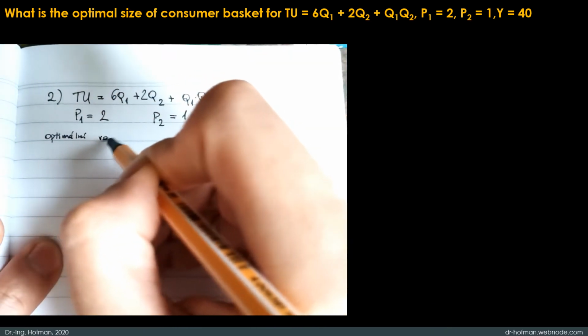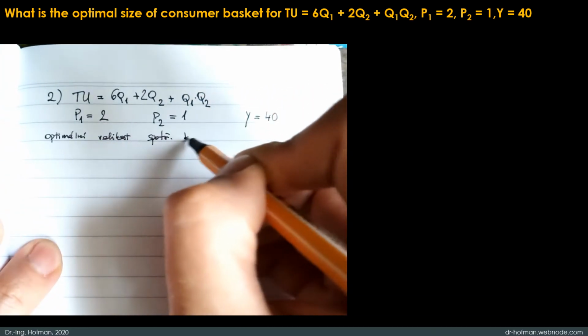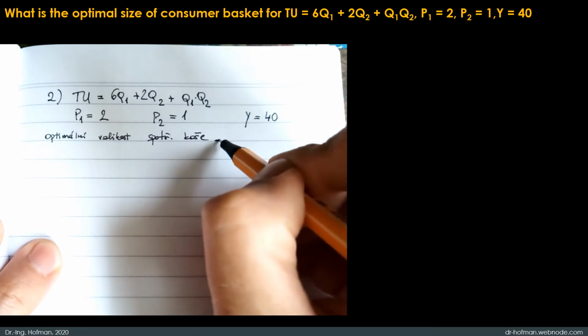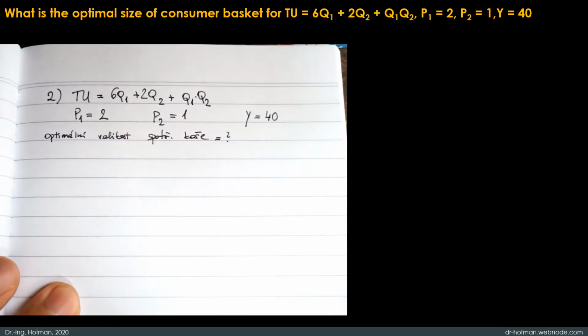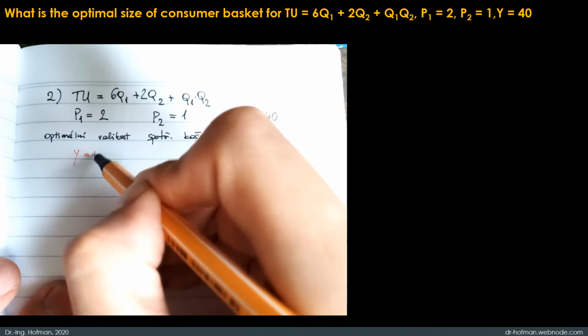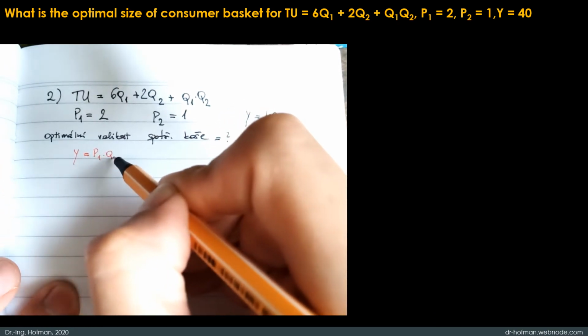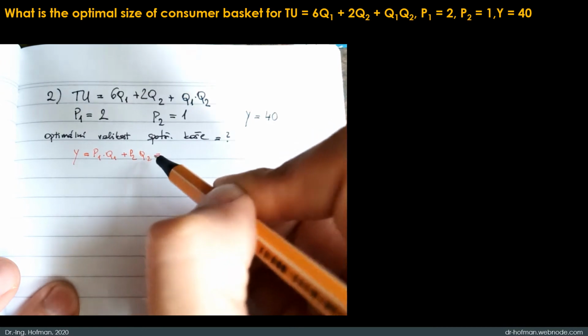To do this, to search for the optimal size of the consumer basket, you need this form of budget line equation: Y equals P1 Q1 plus P2 Q2.